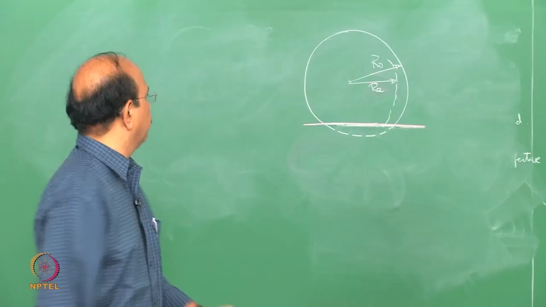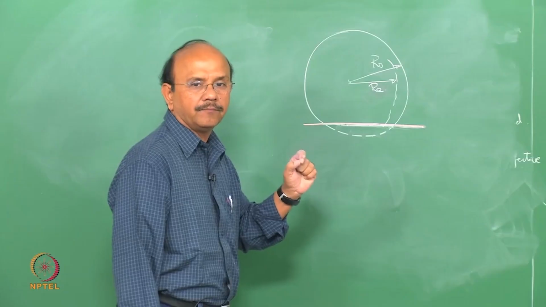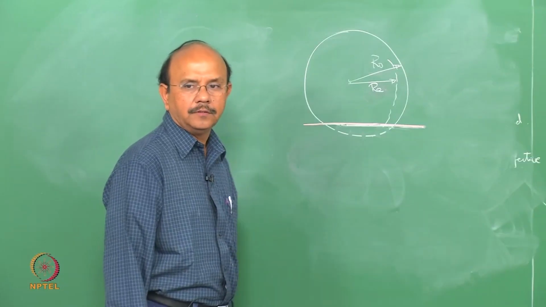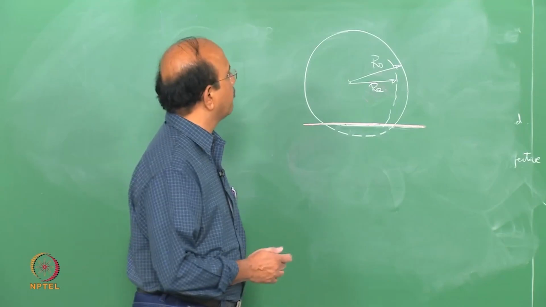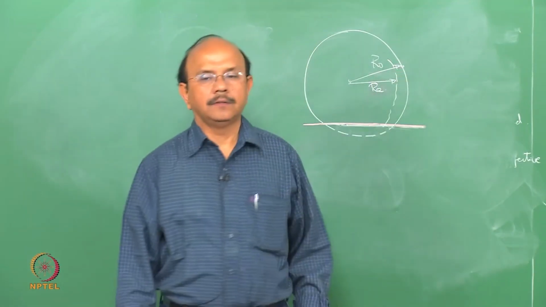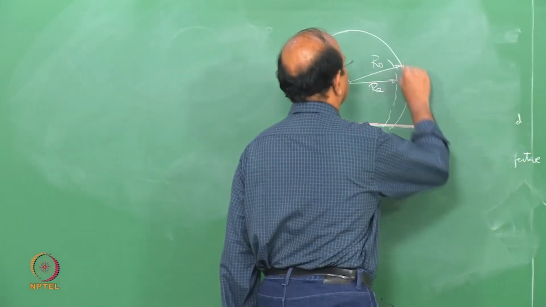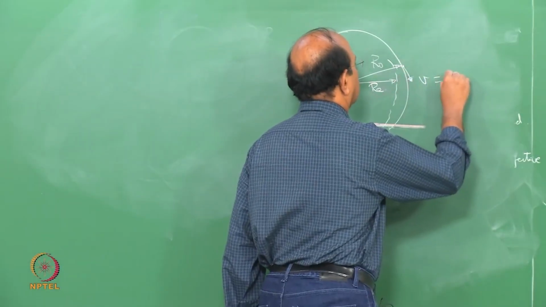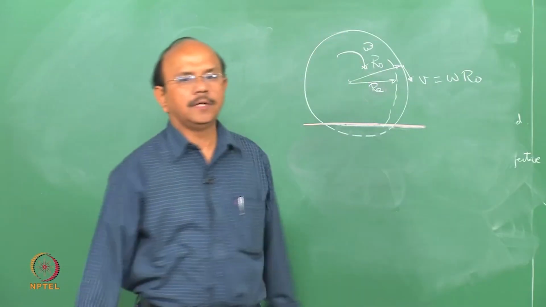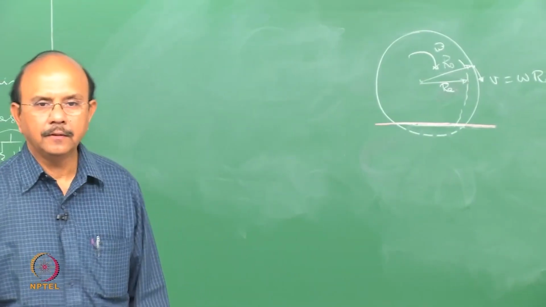Let us now look at what happens at the contact patch. We'll look at the physics and then we'll look at the actual values. Now, again a thought experiment. Go and sit here. My tangential velocity V is omega R naught, where omega is the angular velocity with which I am rotating.